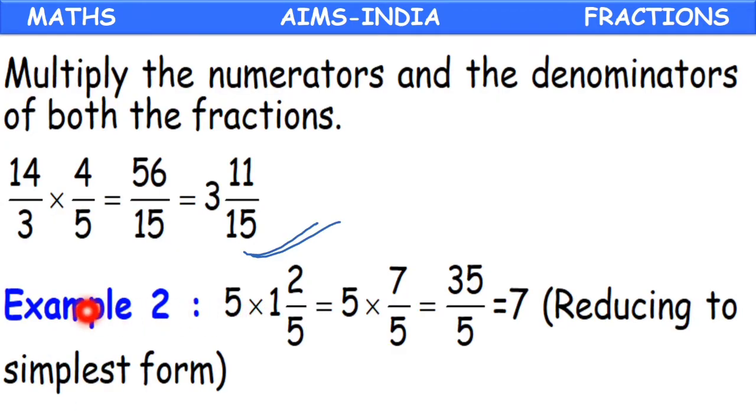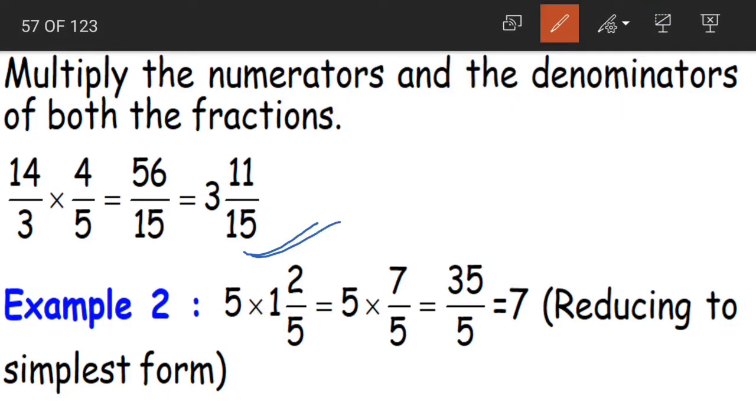Now coming to example 2, we have 5 into 1 2 by 5. Here 5 is a whole number and 1 2 by 5 is a mixed fraction. So what is our first step?